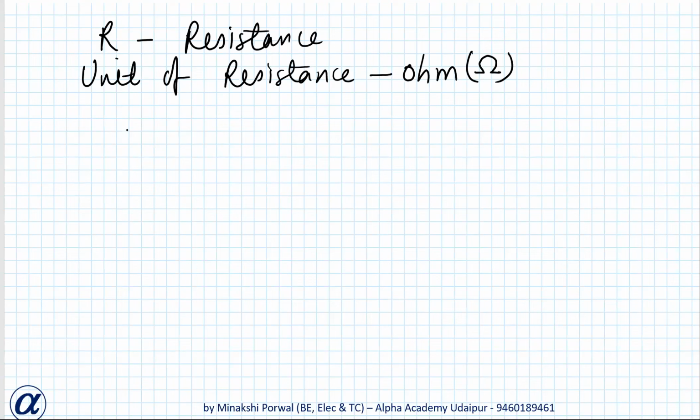So now R equals V upon I, or 1 ohm equals 1 volt upon 1 ampere. So how do we define 1 ohm resistance? When potential difference across the ends of a conductor is 1 volt and current is 1 ampere, we say that the resistance is 1 ohm.